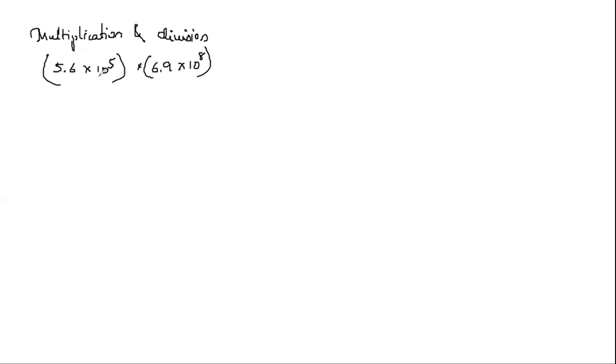You have studied this in maths. What I'll do directly, 5.6 into 6.9 into 10 raised to, I'll add the exponents. 5 plus 8. What is 5 plus 8? 10 raised to 13. And multiplying 5.6 by 6.9 comes out to be 38.64 into 10 raised to 13. Understanding?